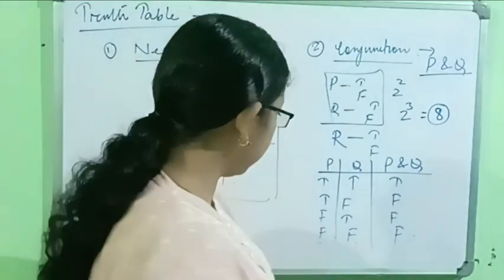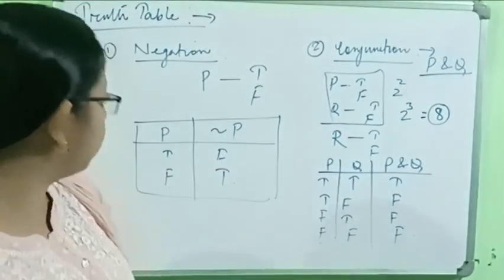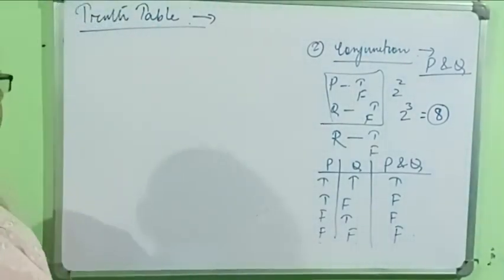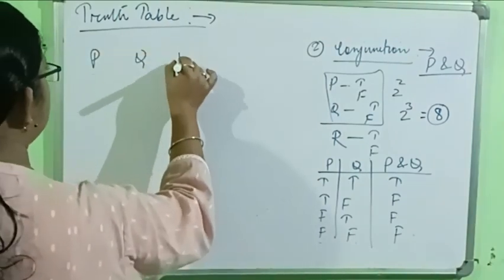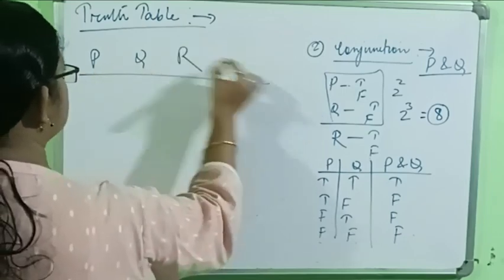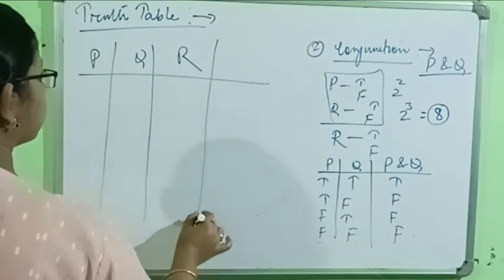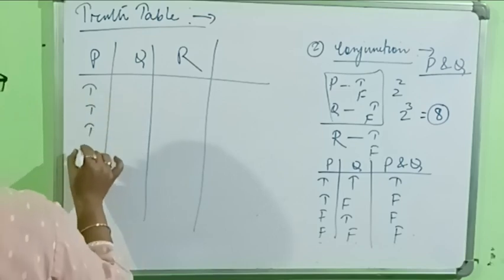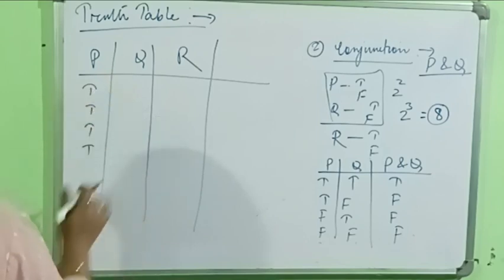If I have 3 statements, then what will be the conjunction table? How to take this? Then you should take P, Q, R. Then here true, true, true, true, half of 8, 4 true and 4 false.